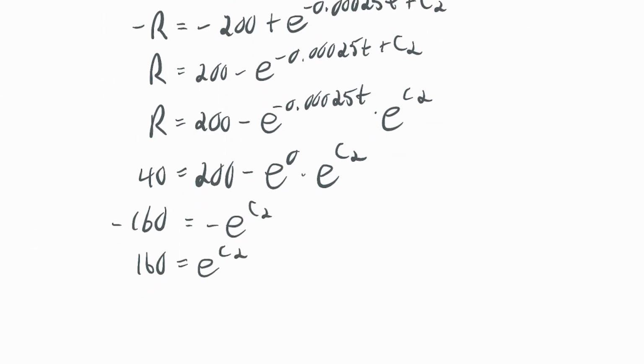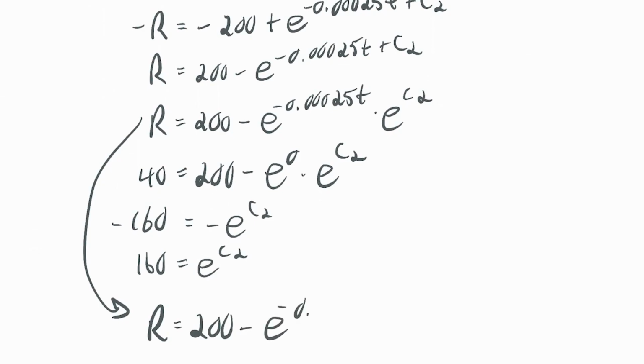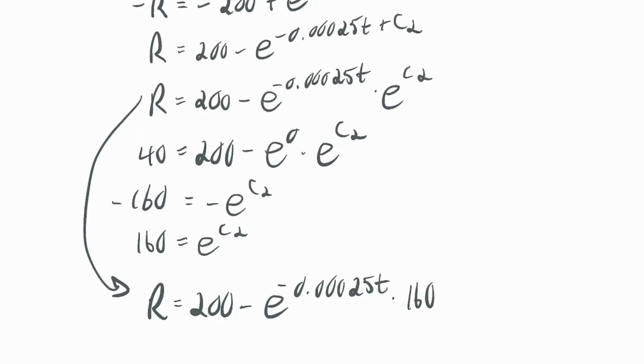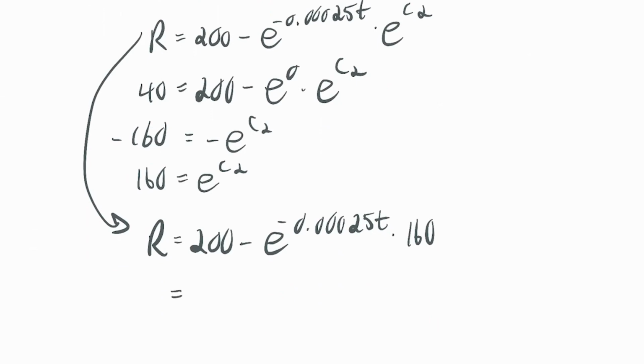So my actual revenue function, R, equals 200 minus e to the negative 0.00025t power times 160. If I want, I can reorganize that and say 200 minus 160 e to the negative 0.00025t power. So that is my revenue function, a function of time.